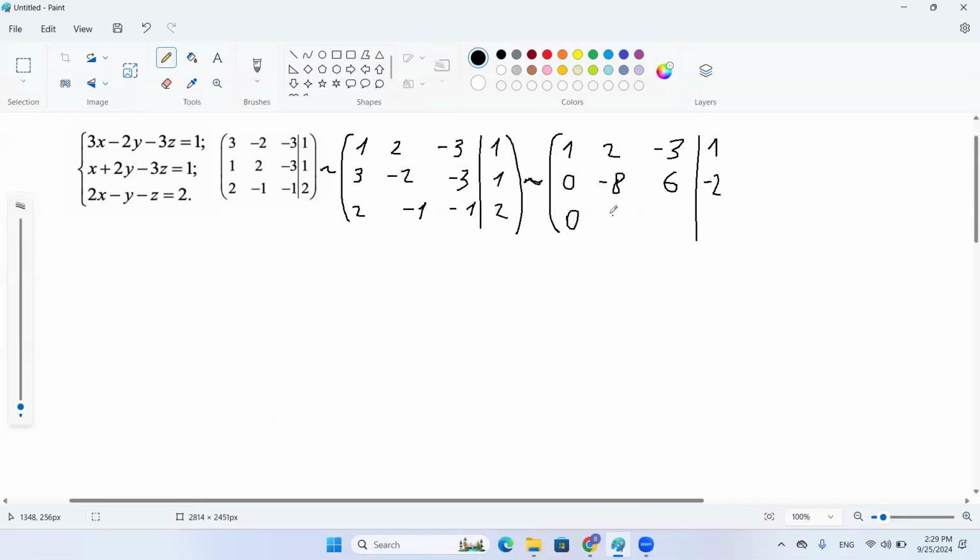So let's have more practice. Let's calculate this row as well. -5. Yeah, -5. And here, 5. Yeah, 5.